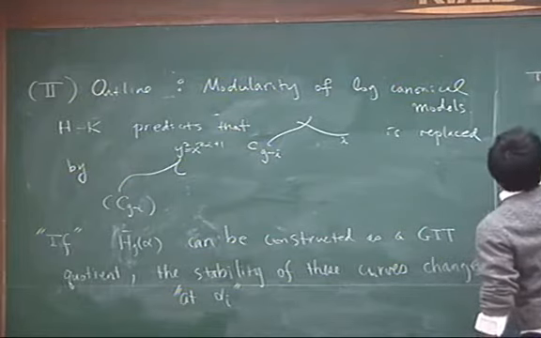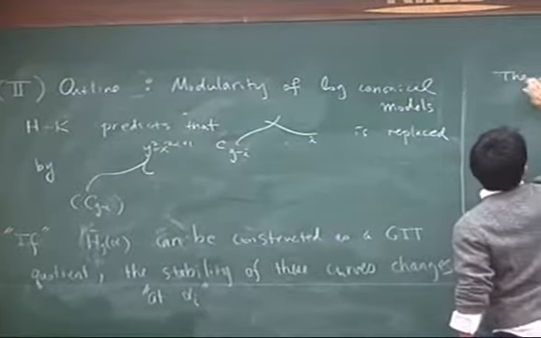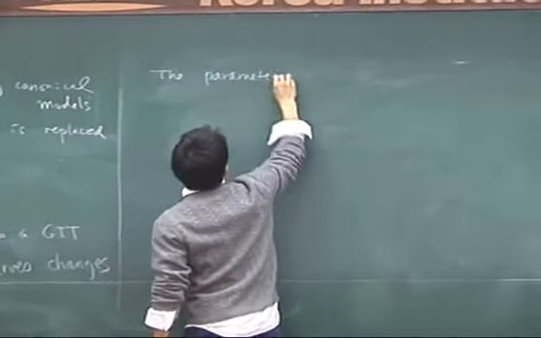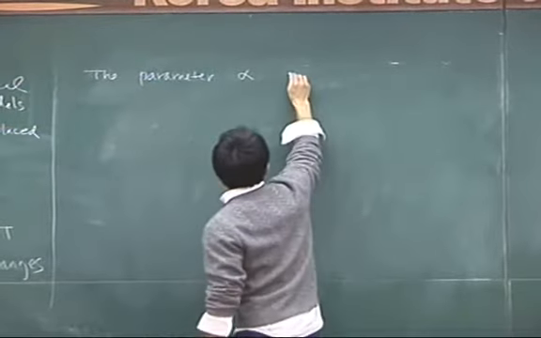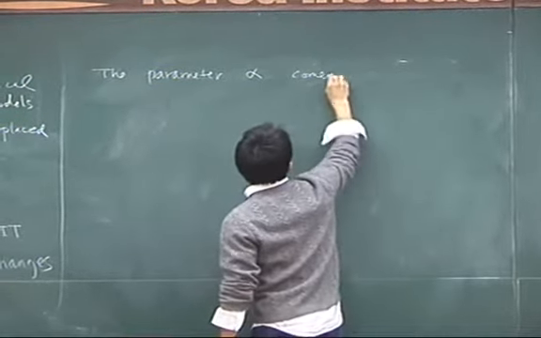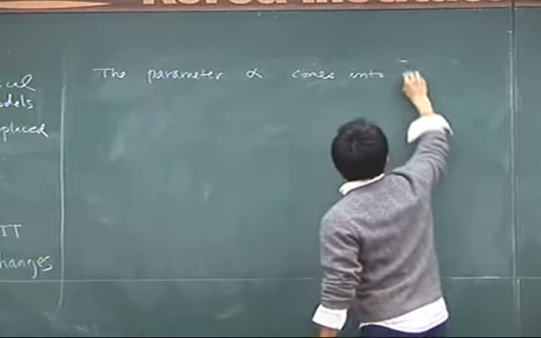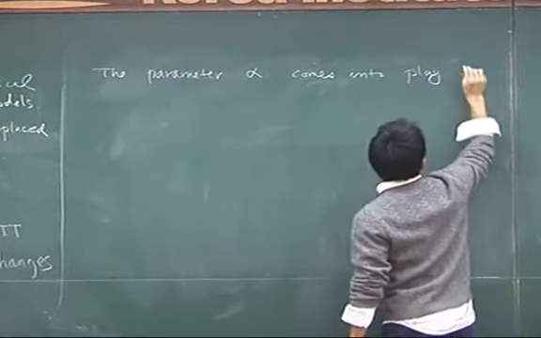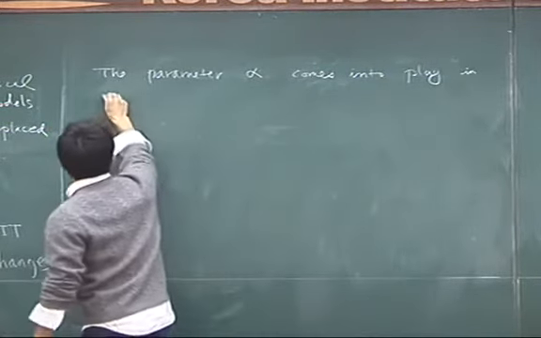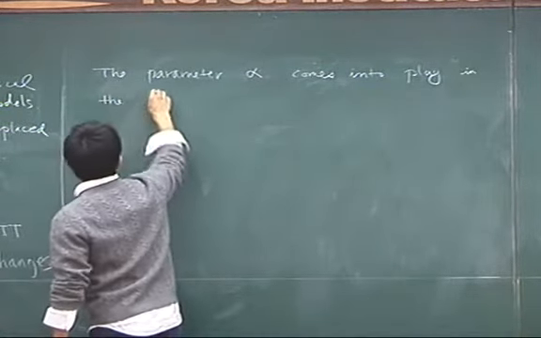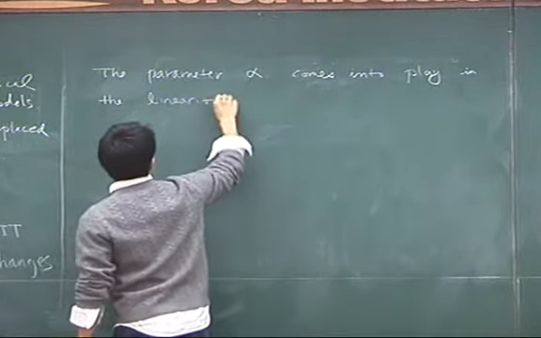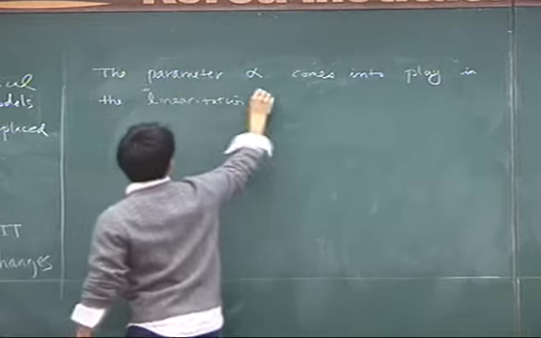So the parameter alpha comes into play in the linearization in GIT.